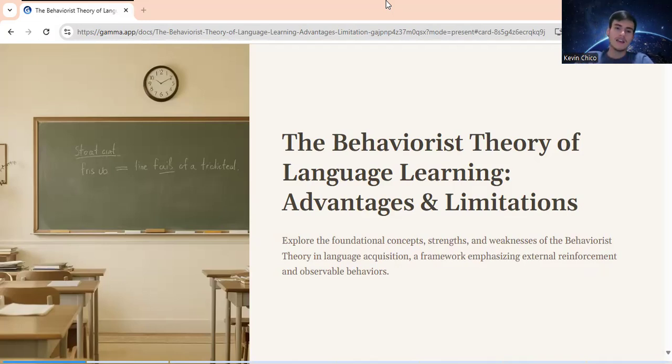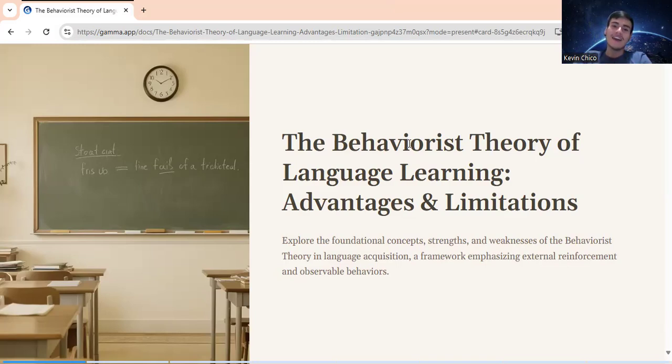For starting, the behaviorist theory explores the foundational concepts, and how it emphasizes external reinforcement and observable behaviors. In general, I refer to all the words of these slides.